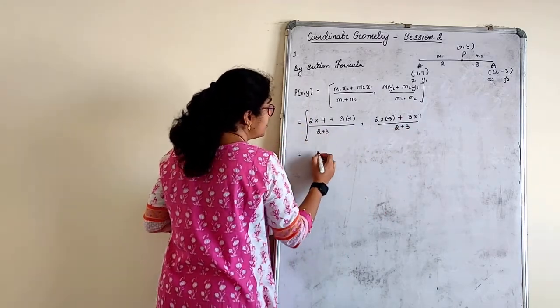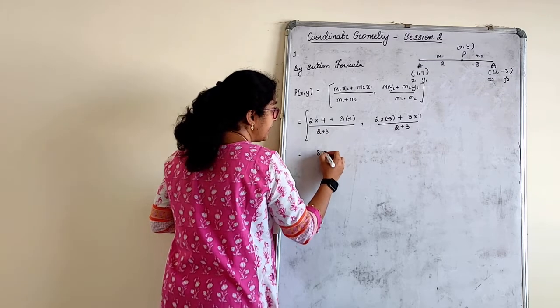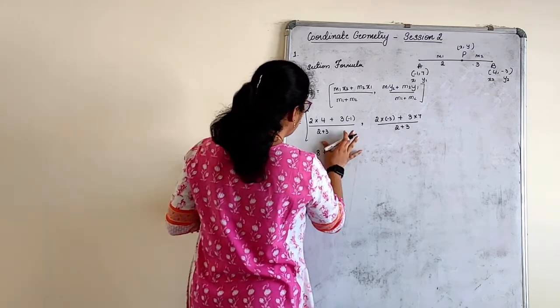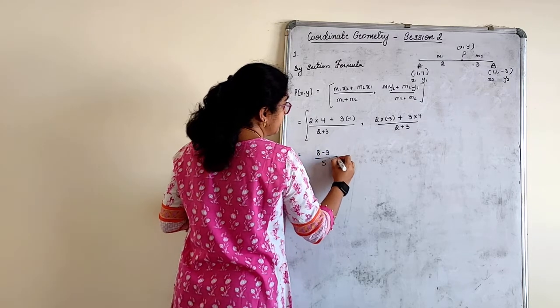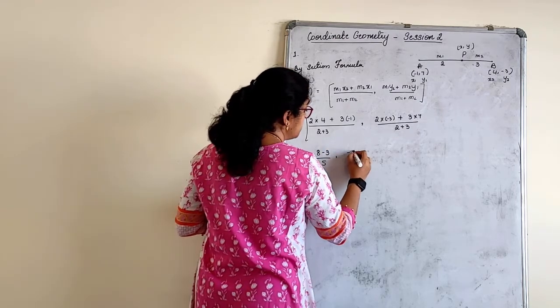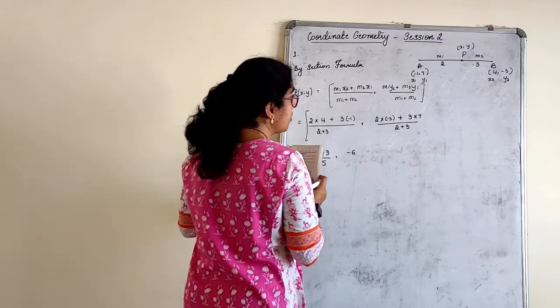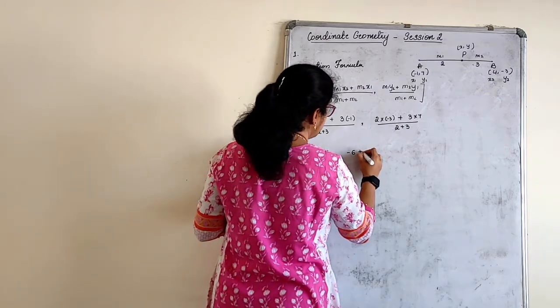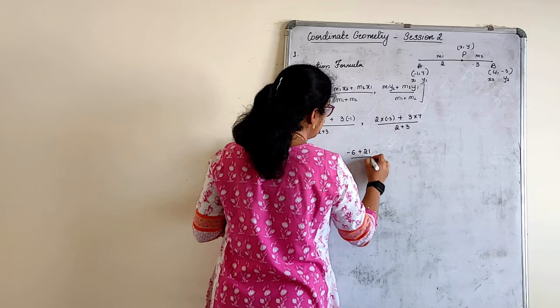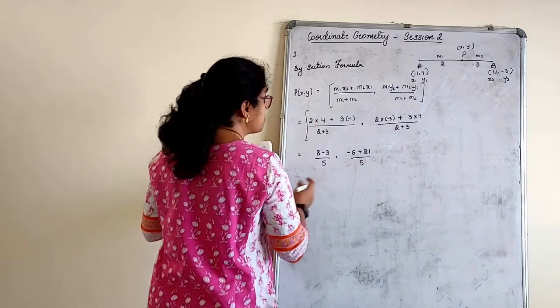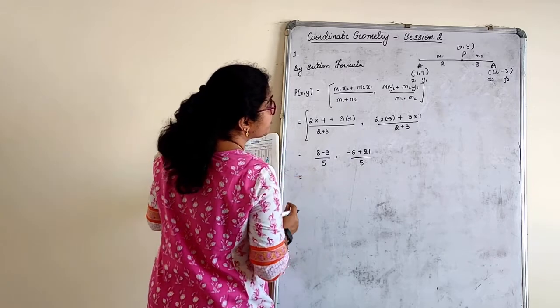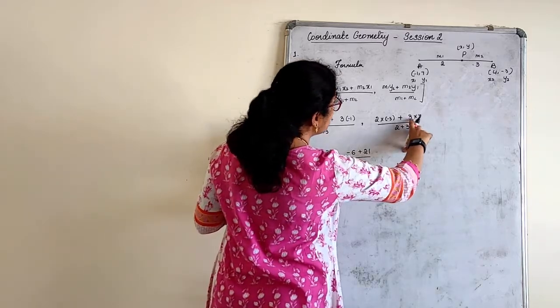So 2 fours are 8, minus 3, divided by 5, comma, 2 threes are -6, 7 threes are 21, divided by 5. Let me just check.